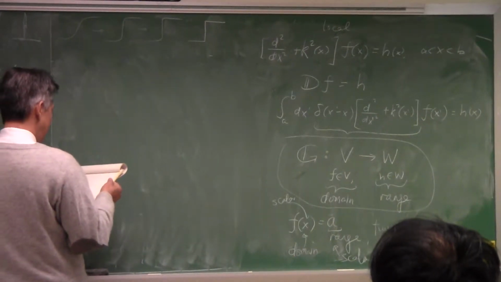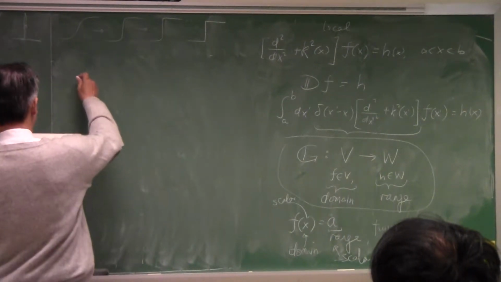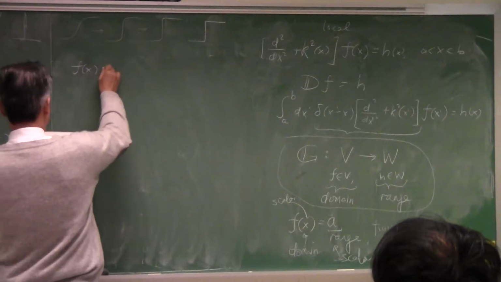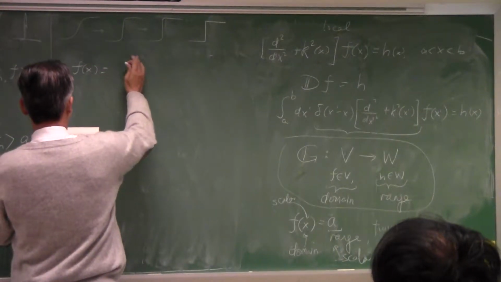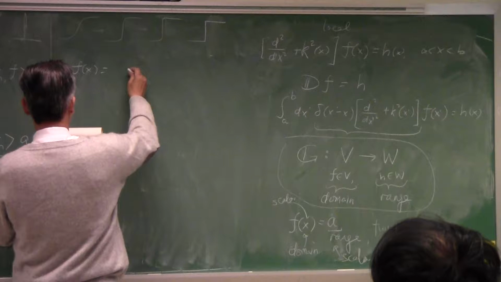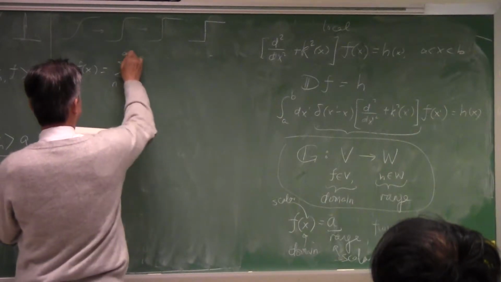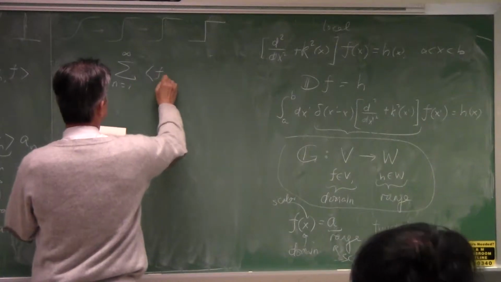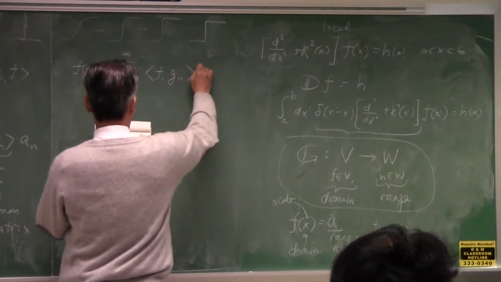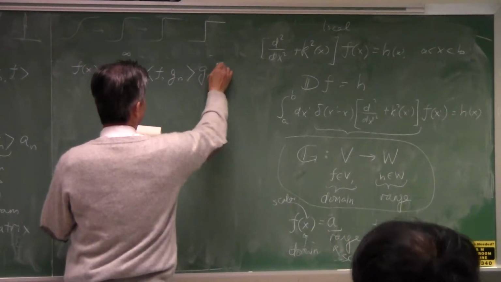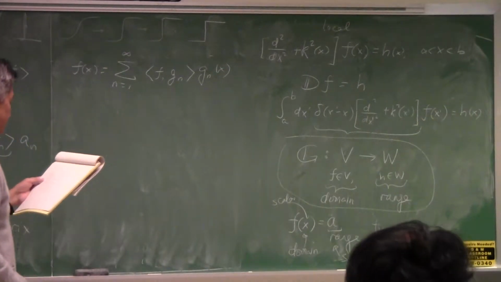So there are some interesting things you can see. I think this is quite familiar to people in physics. But in general, if I have an f of x, I can expand things in terms of the basis functions in this manner very easily.